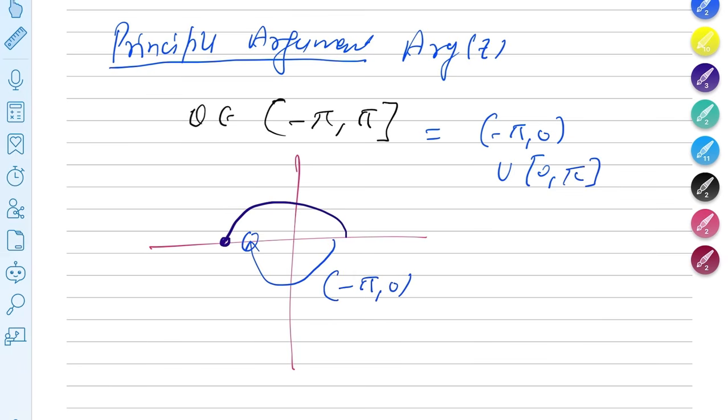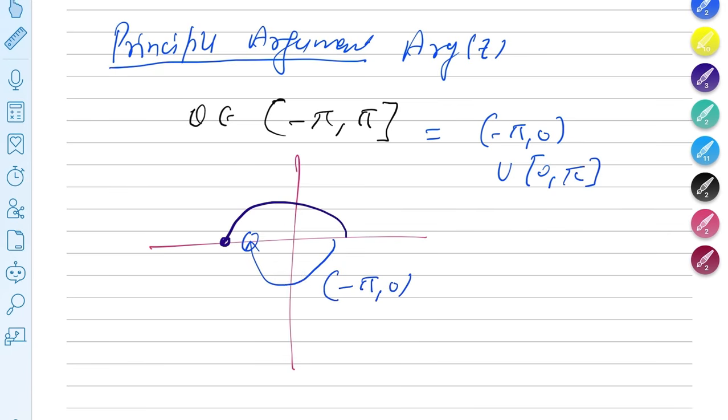The first quadrant is 0 to pi by 2, and the second quadrant is pi by 2 to pi.